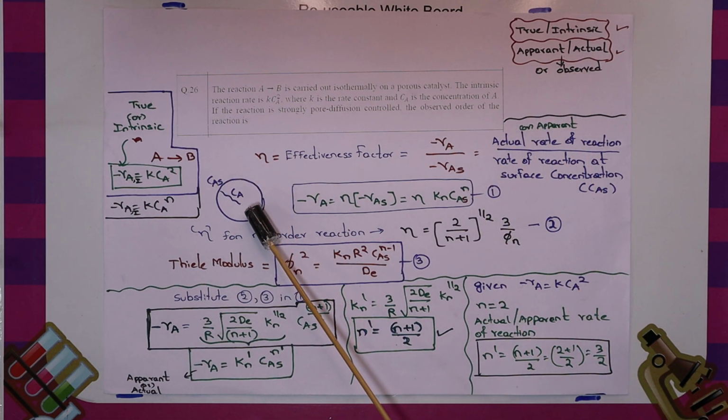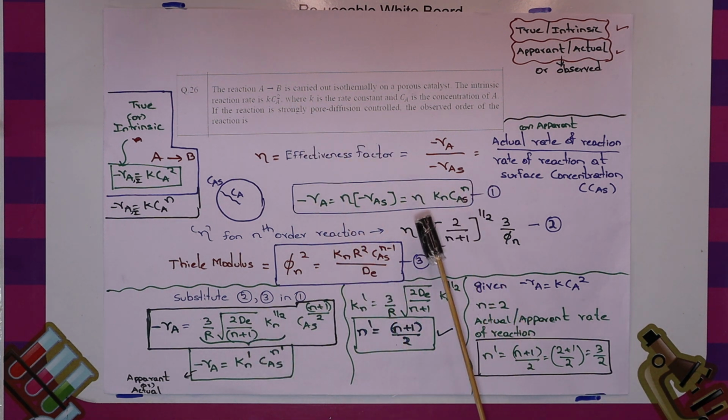Surface reaction and actual reaction are different, and therefore the actual rate of reaction is nothing but effectiveness factor into surface rate of reaction. So let us take the surface rate of reaction as K Ca power n. Let us start with the nth order. Later on we come back to what happens when n equals 2.